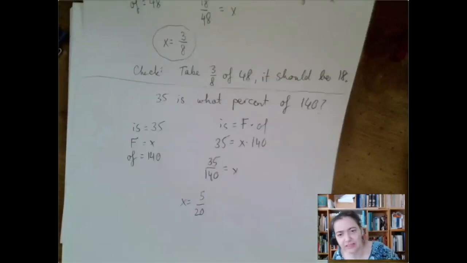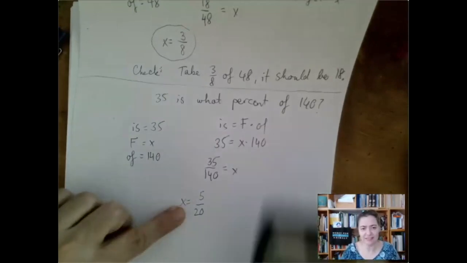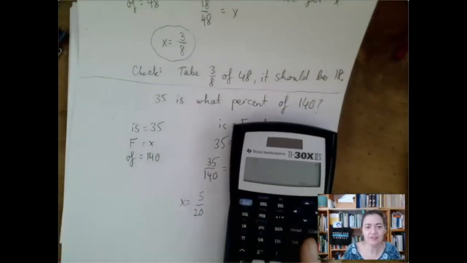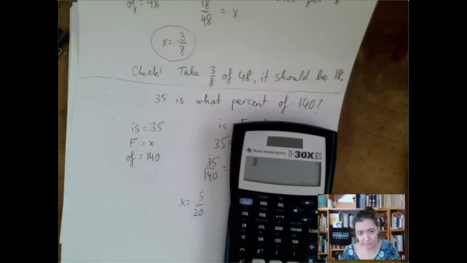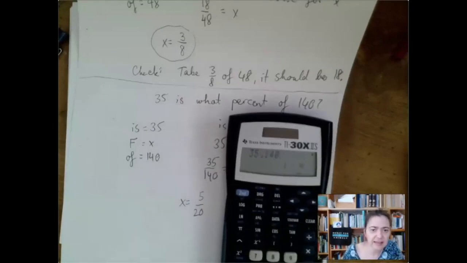We can actually check with the calculator, but the calculator is going to get rid of more. There is a 5 left there, right? But we don't need to get rid of the 5. In fact, we're going to need to go towards percent, but let me just pretend that it's a fraction. And we want to simplify it. And 1 over 4 and 5 over 20, that's an easier check.